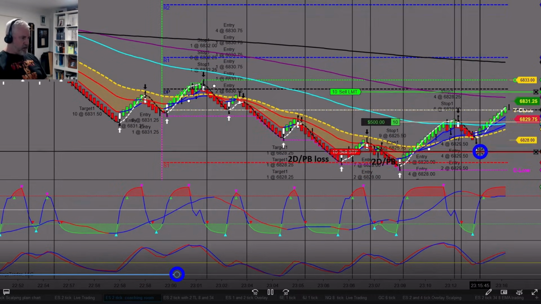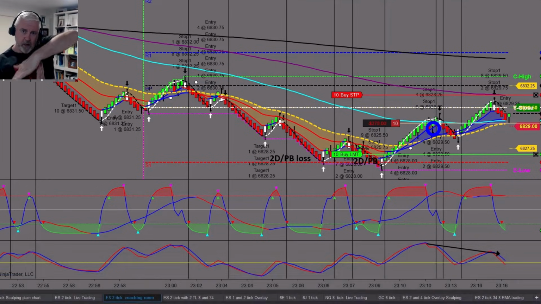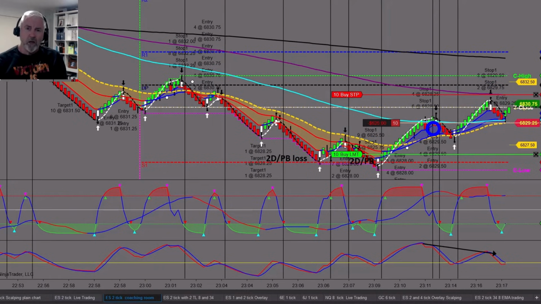So I'll move these along because up here now, this is a bit of luck. This one here, I call this a T10, and I bought into a downtrending EMA. Be very careful if ever you buy into a downtrending EMA or sell into an uptrending EMA, you're really likely to bounce.